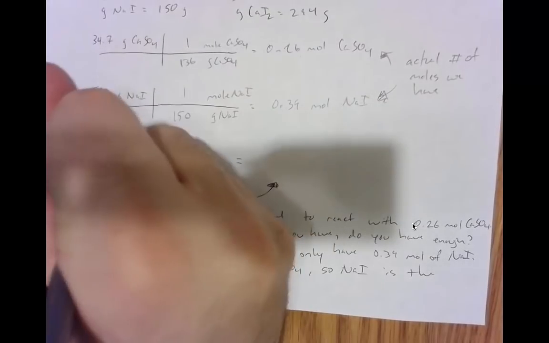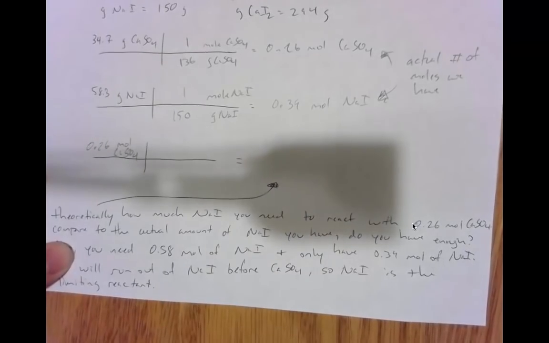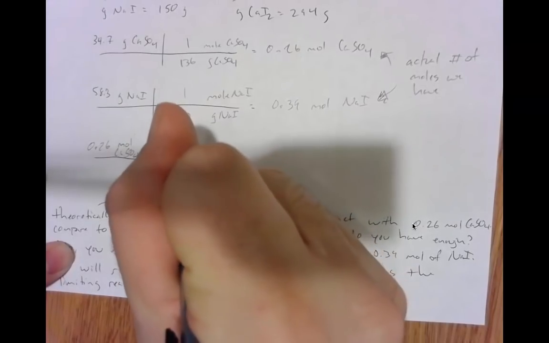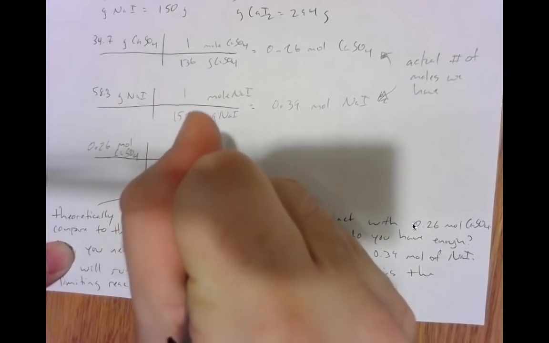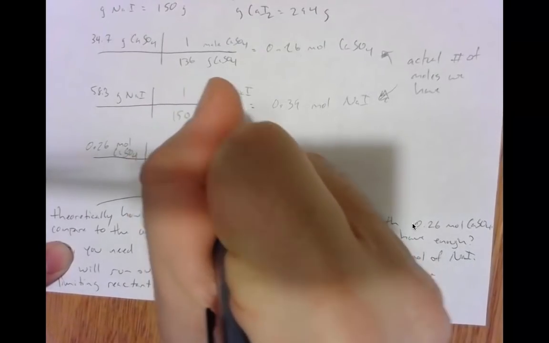So we take our 0.26 moles of calcium sulfate, and now we're going to do our mole conversion. So if we want to cancel our moles of calcium sulfate, we put them on the bottom. And then if we want to convert to moles of sodium iodide, we put them on top.